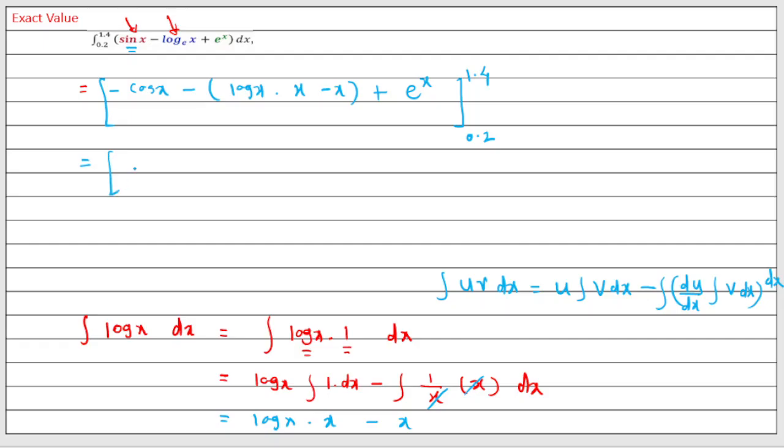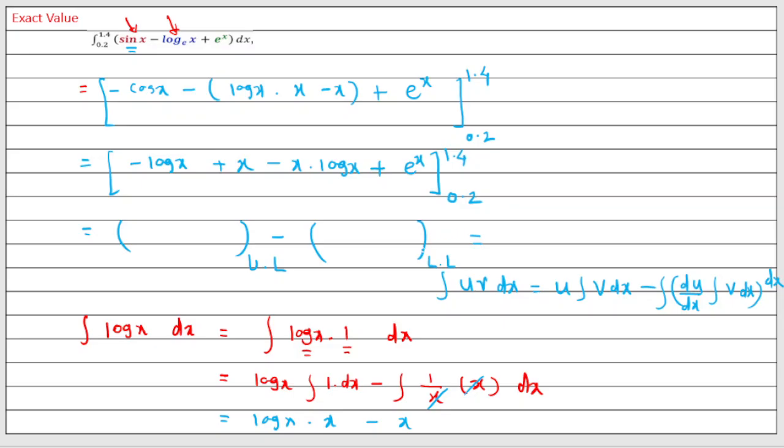Finally, I'm going to multiply with a minus sign, so it will be plus x minus x log x plus e raised to x, from 0.2 to 1.4. Now you can put the upper limit 1.4, minus the lower limit 0.2, and calculate the answer using the calculator.